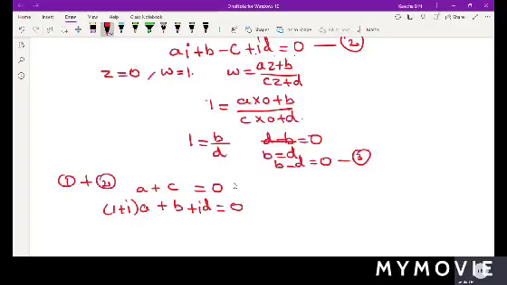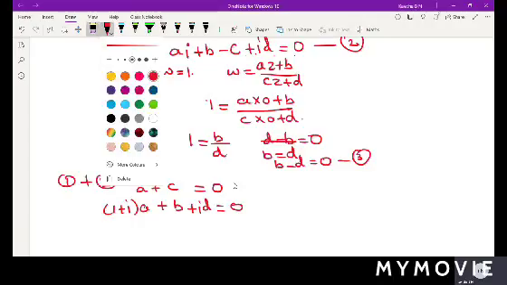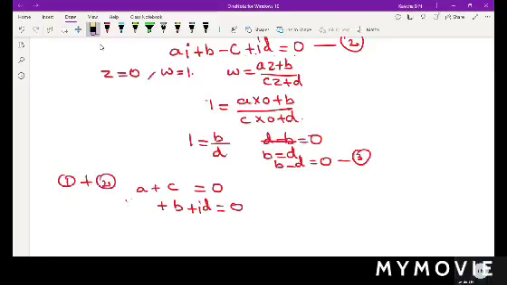Take down equation 2. Equation 2 is ai plus b minus c plus di is equal to 0. Then plus c and minus c will get cancelled.